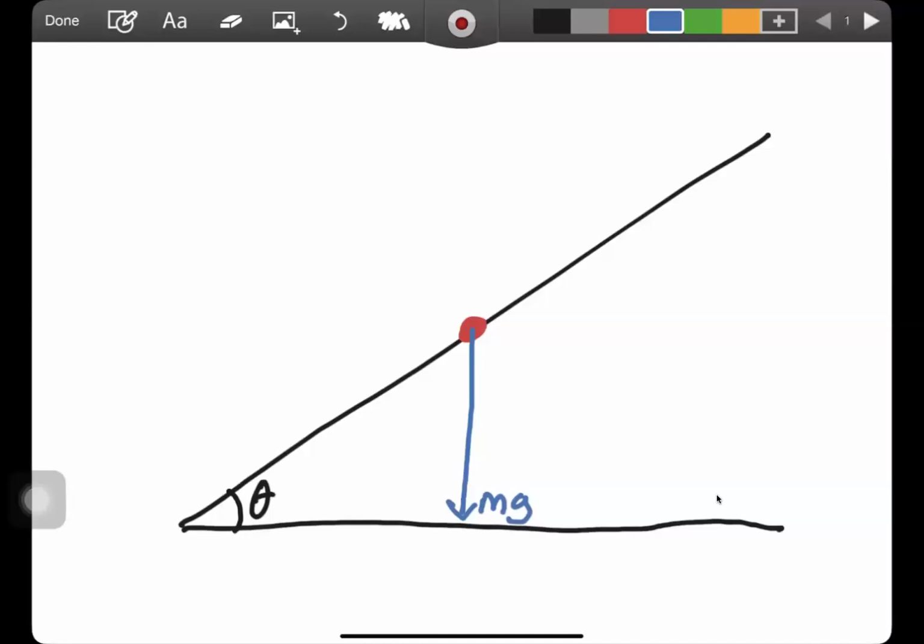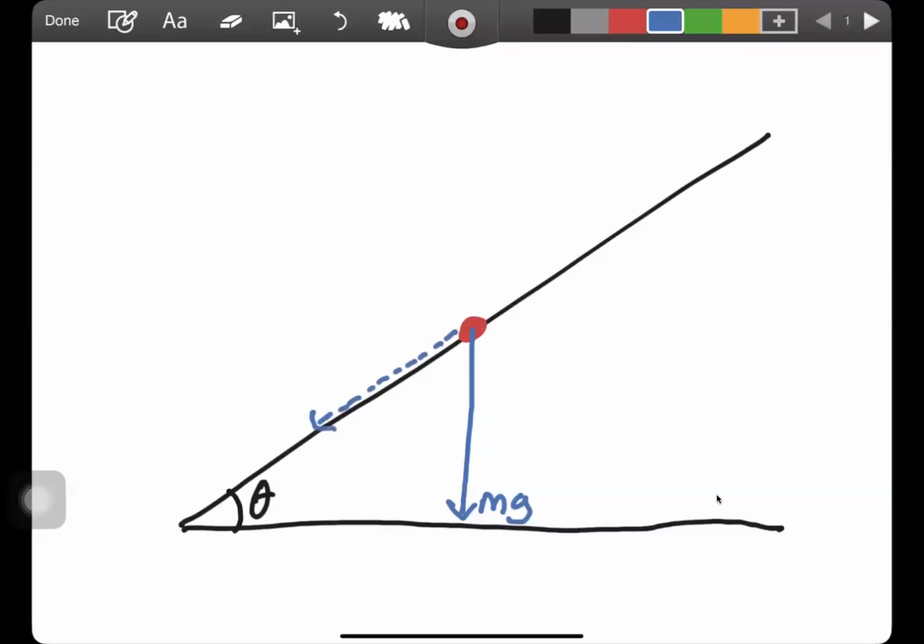So before we even think about friction, imagine you just had a ball on an incline and you let it go, you probably wouldn't be surprised if the ball would start rolling down. And why is it rolling down? Because it turns out that even though gravity is acting straight down, there's a component of gravity that is acting in the direction of the incline. You see this component right here?